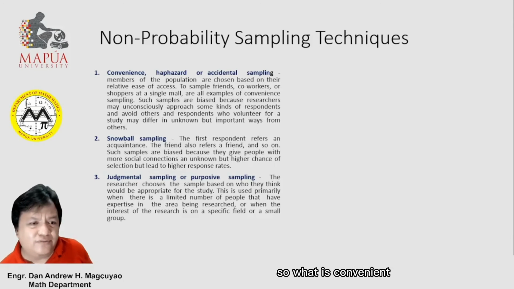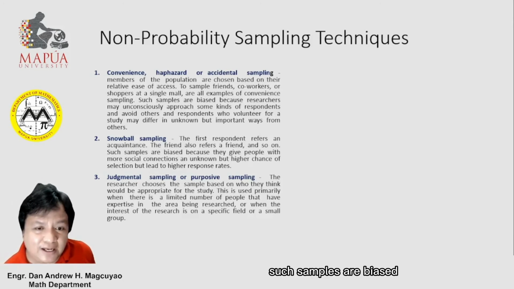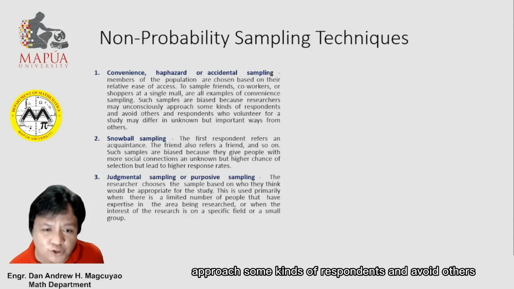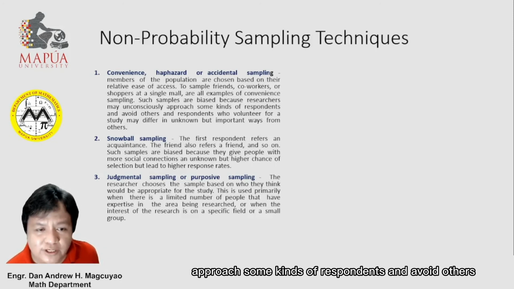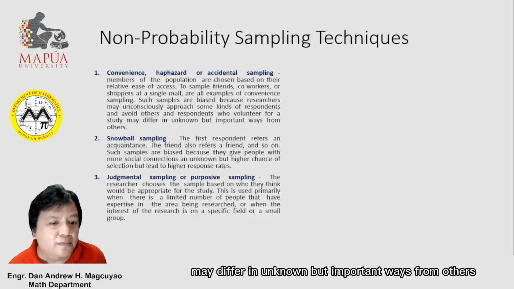So what is convenient? What is easy to do? Such samples are biased because researchers may consciously approach some kinds of respondents and avoid others, and respondents who volunteer for a study may differ in unknown but important ways from others.